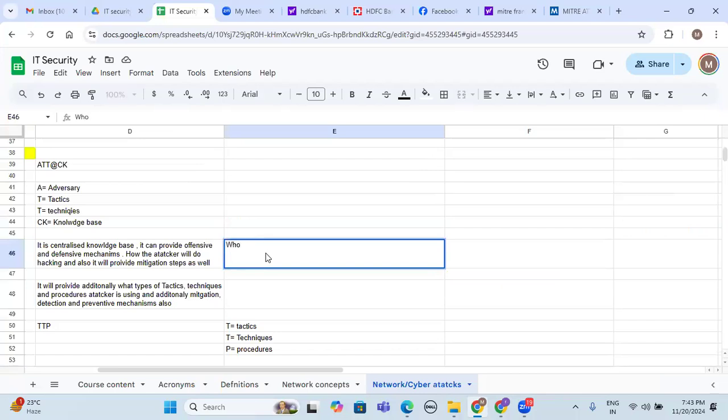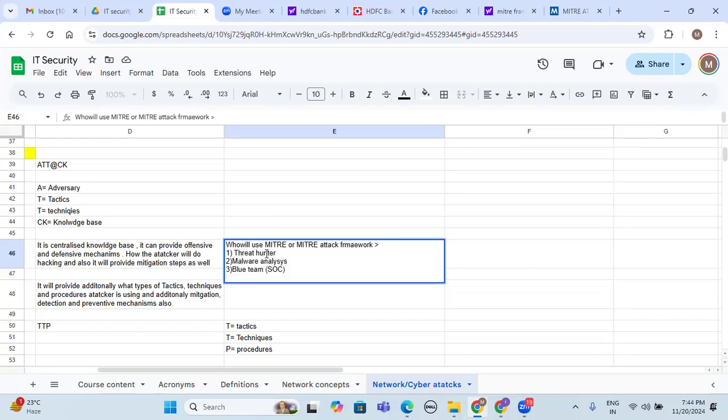This can be used by threat hunters who will do the threat hunting part, malware analysis team, blue team, nothing but our SOC team. Blue team is another name for SOC team.